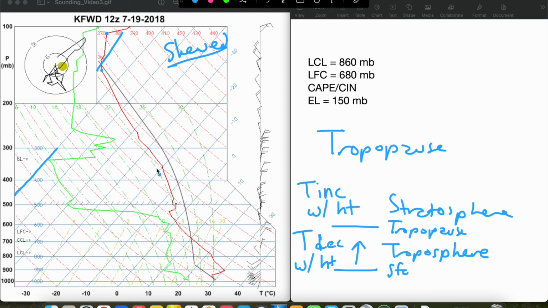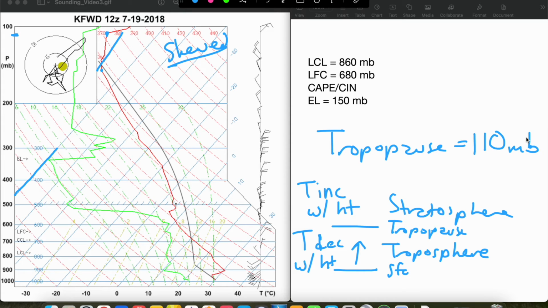Now, not quite as much as it did down here lower in the troposphere, but it is still decreasing with height up to this point right about here, at which point the temperature really starts to increase with height. So that level, that point right here, is going to be your tropopause height, somewhere right in here. I would say about 110 millibars or so. Not really super applicable to severe storms forecasting, but it is important for if you're doing, say, polar meteorology.